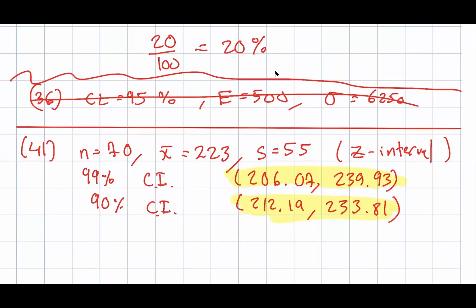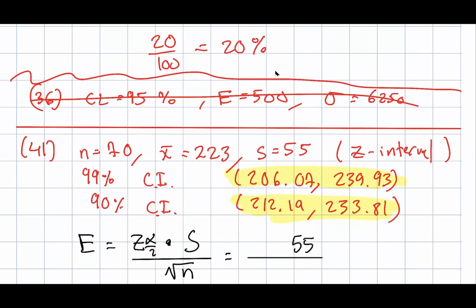What we want to do is find the margin of error. The formula for margin of error is as follows: E is equal to z alpha over 2 multiplied by s, all divided by the square root of n. I have s, which is 55, and the square root of n, which is square root of 70. The only thing I have to find is what my z value is.